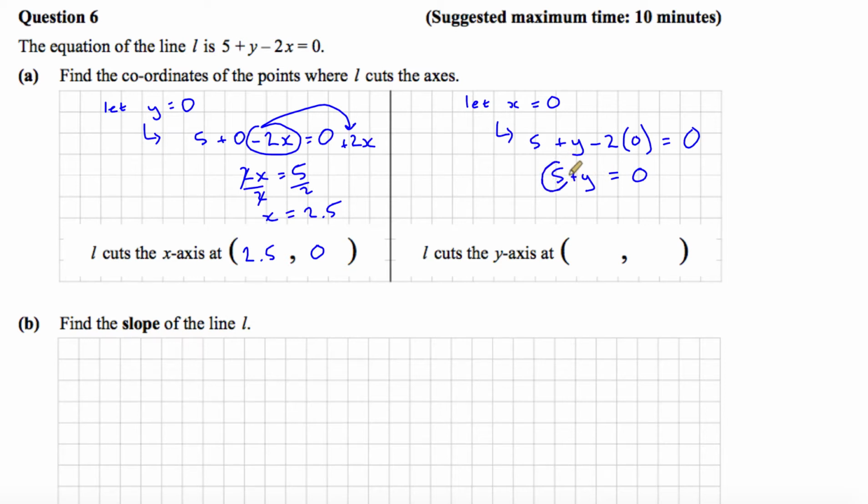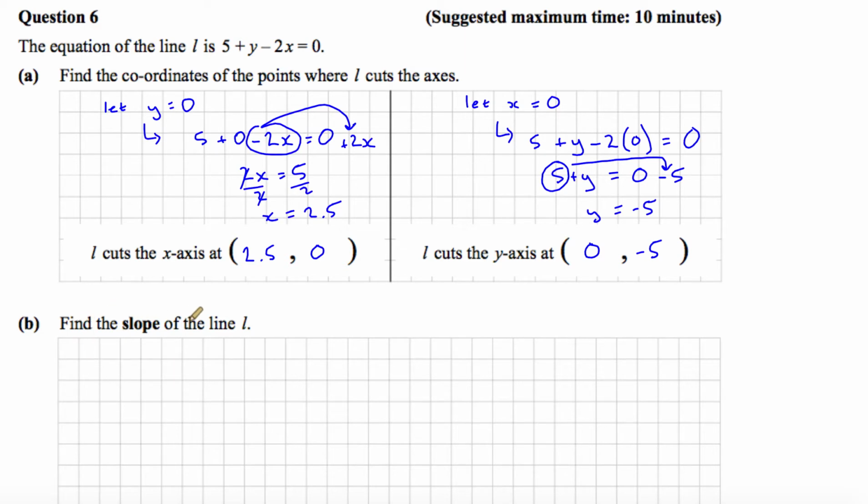So if I now bring this 5 over here, it becomes a negative. So I'm left with y is equal to negative 5. So the coordinate then, remember x was 0 and y was negative 5, that's the coordinate of the y-intercept.